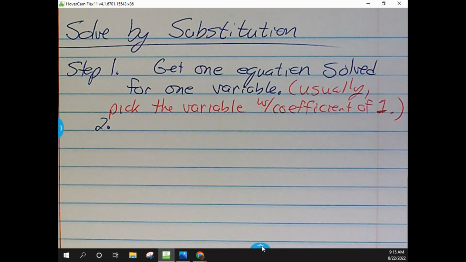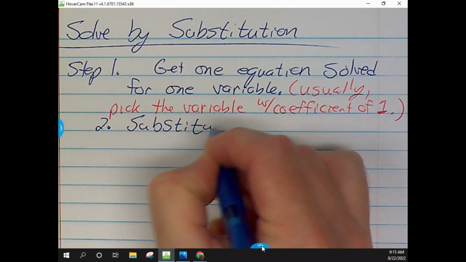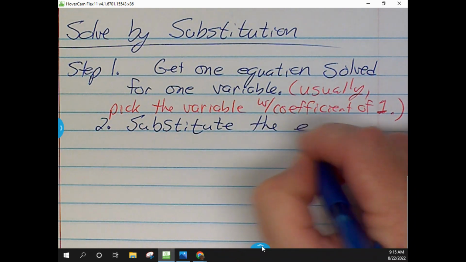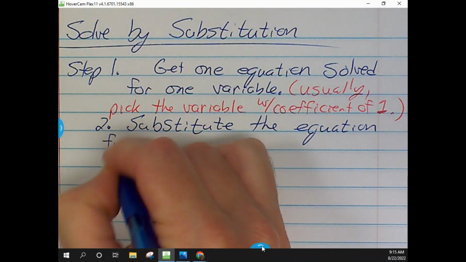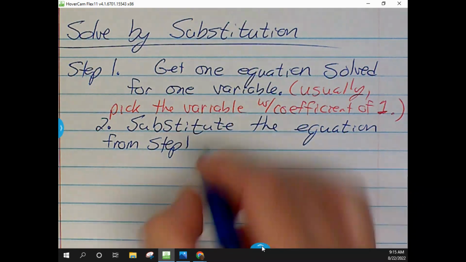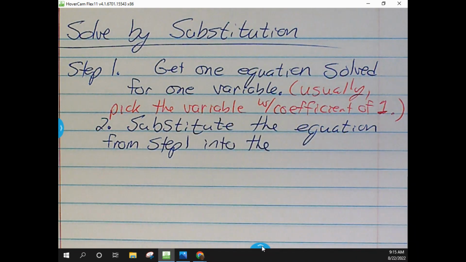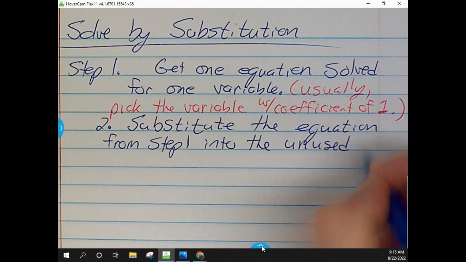Okay, so if you can get one equation solved for one variable, then here's the substitution part. You're going to substitute the equation from step 1 into, and this is usually the best way I've been able to come up with it, the unused equation.